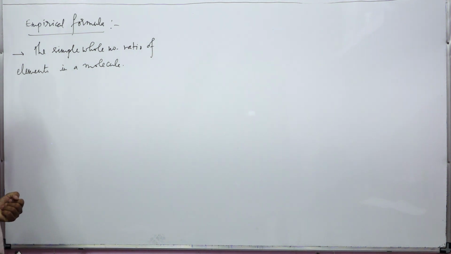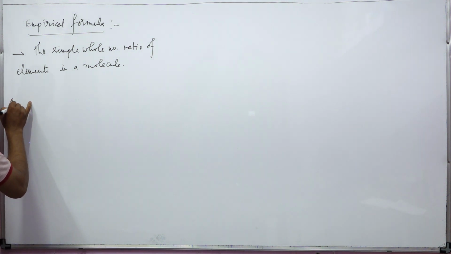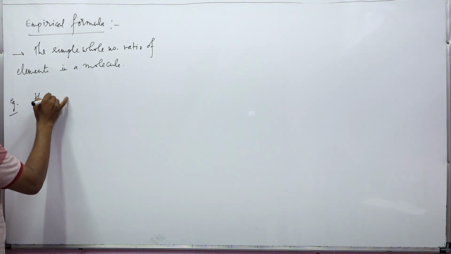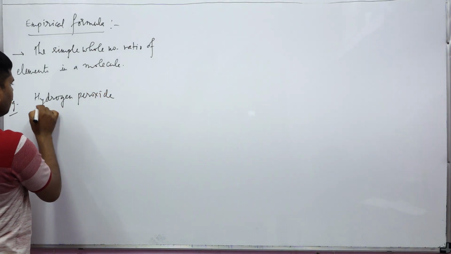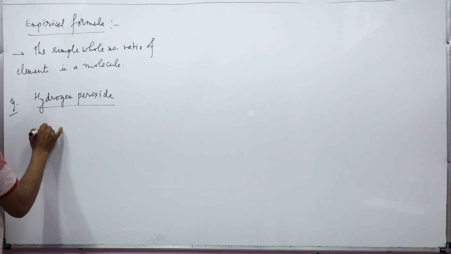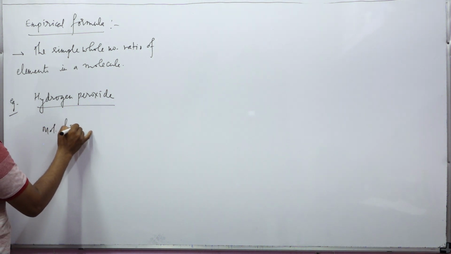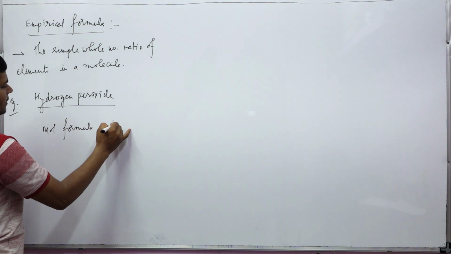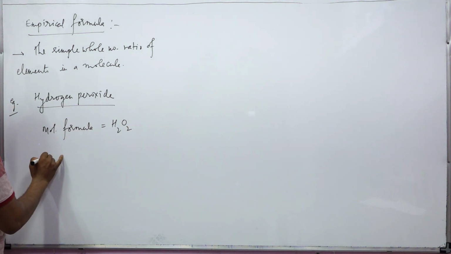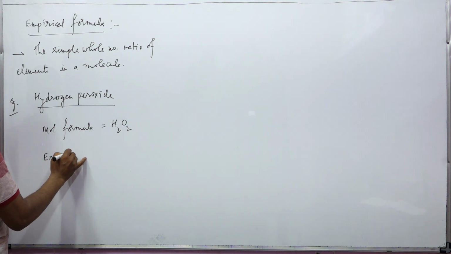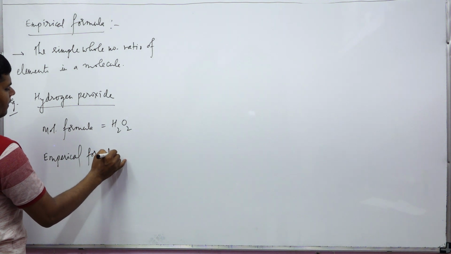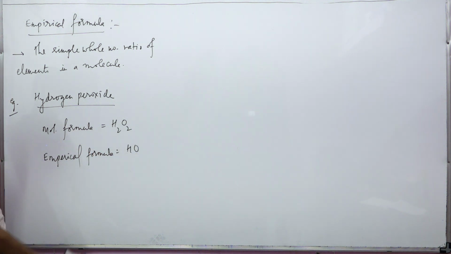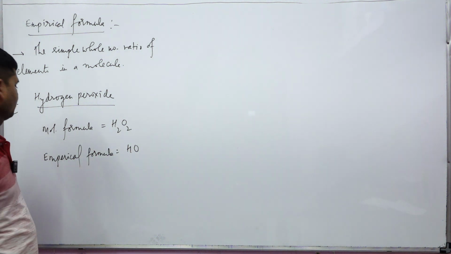For example, you can understand. Let us take hydrogen peroxide. Molecular formula is H2O2. Then what should be the empirical formula? It should be HO, because 2 and 2 will get cancelled, so the ratio would be HO.